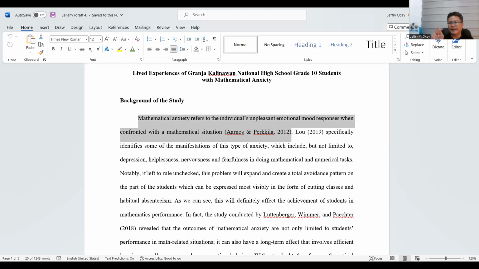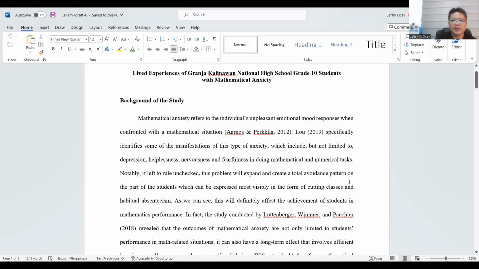And then we write there, Arnold and Perkila 2012, because my advisee did not invent the definition of mathematical anxiety.